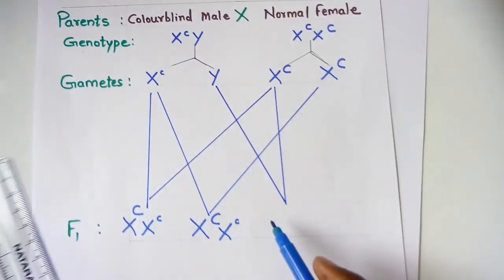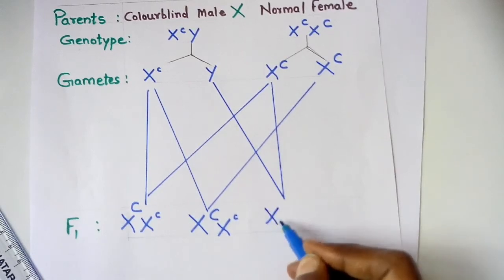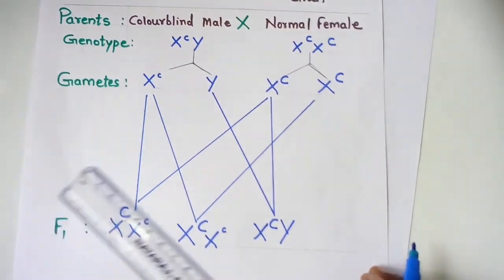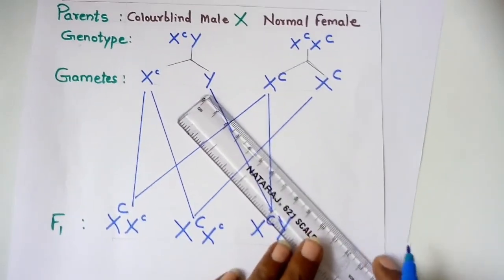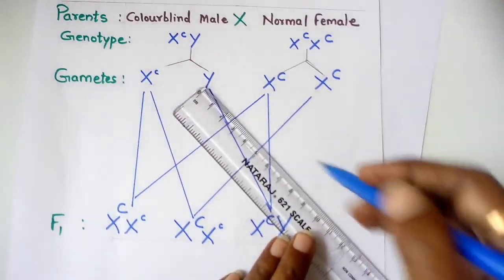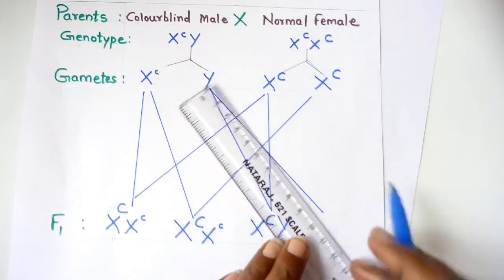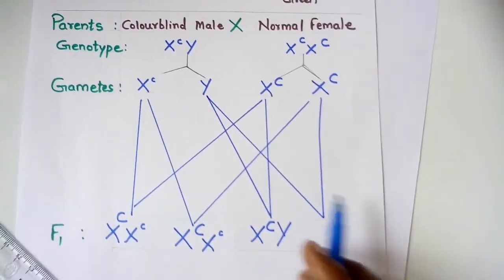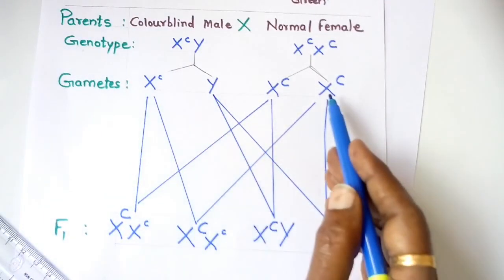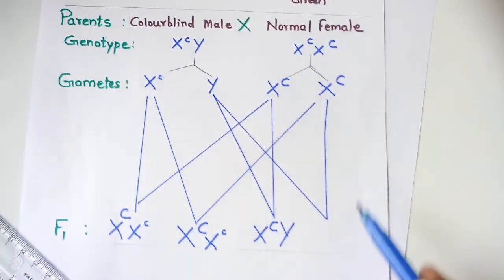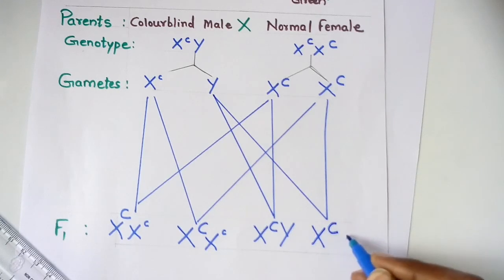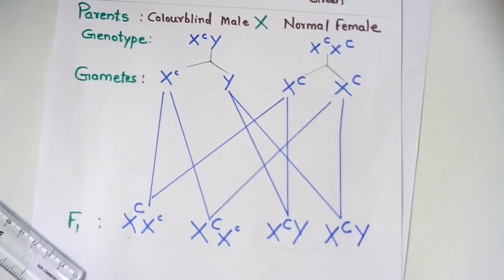So first we'll write X, capital C and Y. Again this chromosome will have to cross with the other female gamete. Even though Y is coming first, still we'll have to write the X first. So it will become X, capital C and Y chromosome.